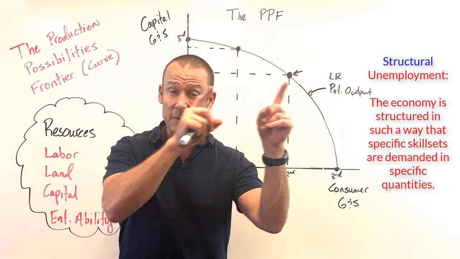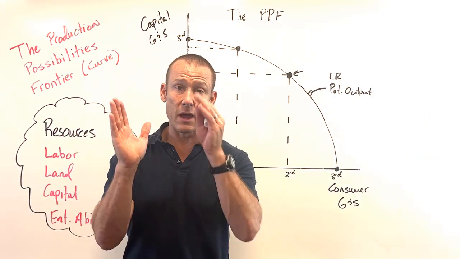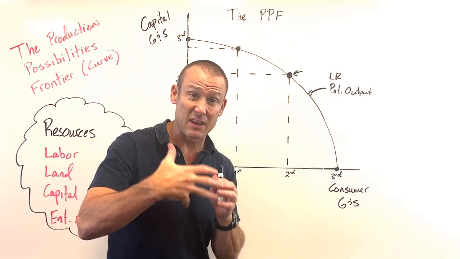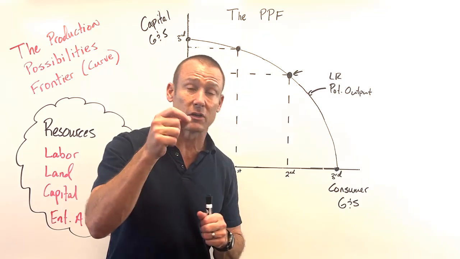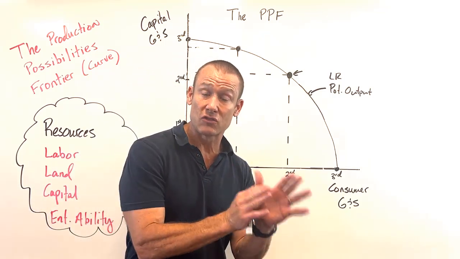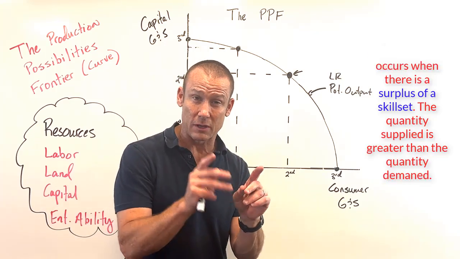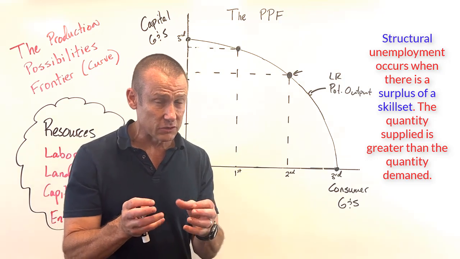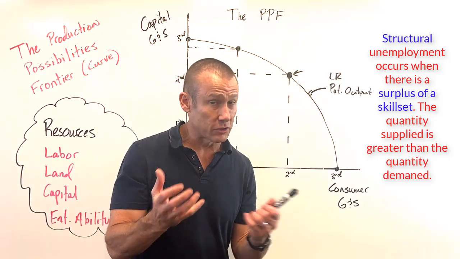The structure of the economy is changing constantly. So every time the structure of the economy changes some, the skill sets in demand, and the quantities that they're demanded, is going to change, and some skill sets are going to find themselves now in surplus, or obsolete altogether. And of course, if you have a skill set that is obsolete altogether, you're in surplus too.